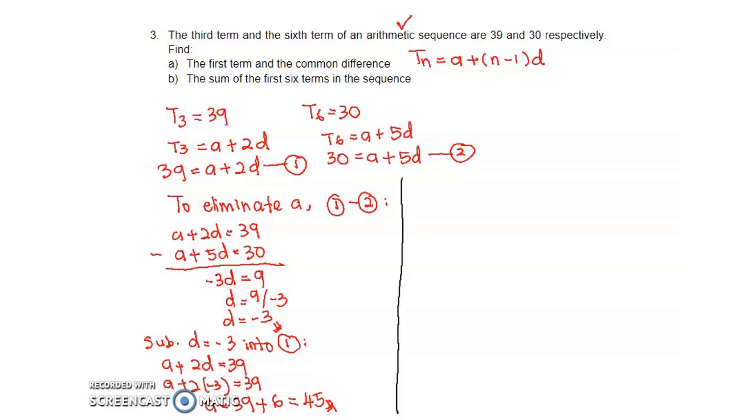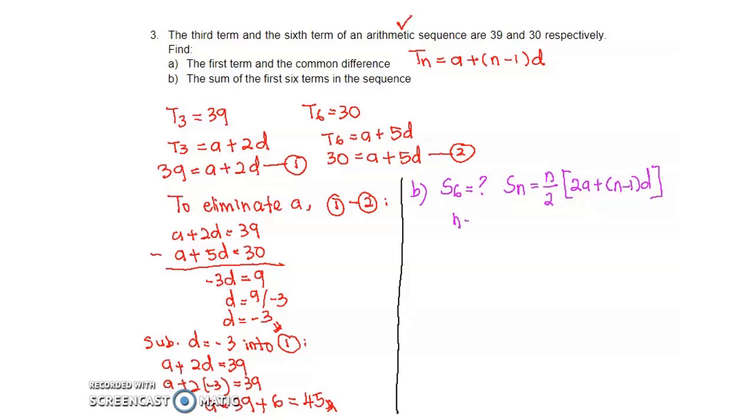Now question B. We want to find the sum of the first 6 terms, so we want to find S6. The formula for the sum of an arithmetic sequence is Sn equals n over 2 multiplied by 2a plus n minus 1 multiplied by d.